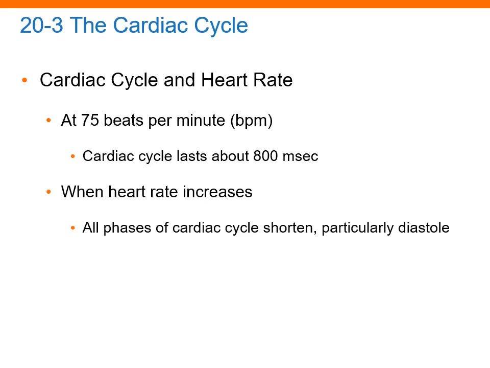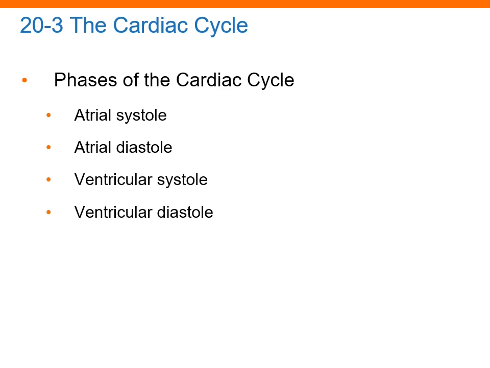When you're active or nervous or have caffeine, that's going to cause the contraction to be quicker and the relaxation to be quicker. So the entire cycle is shortened, but diastole is particularly shortened when you have a faster heart rate.